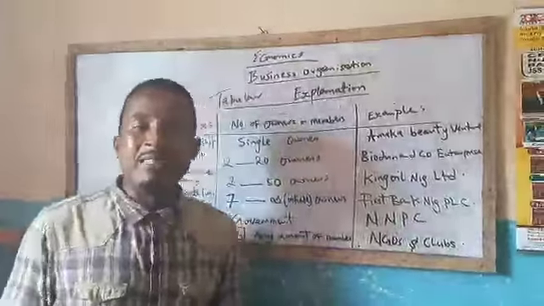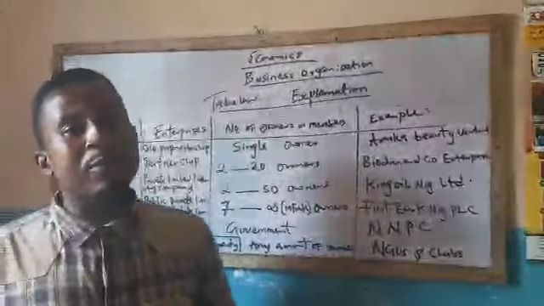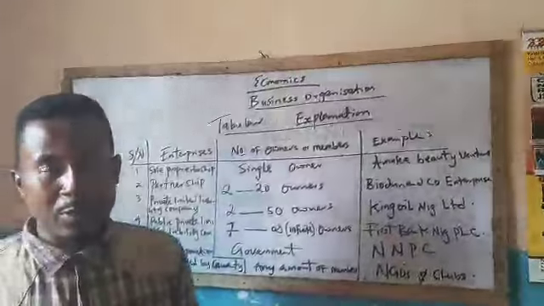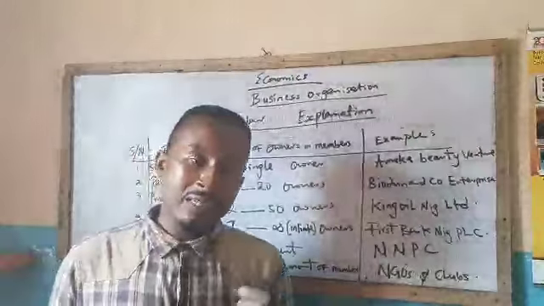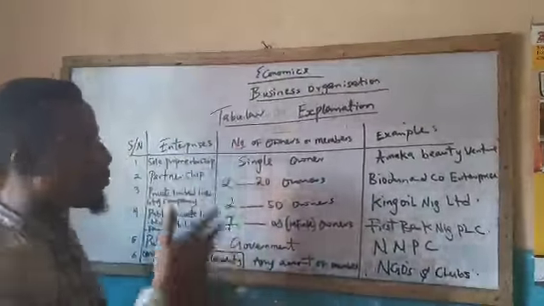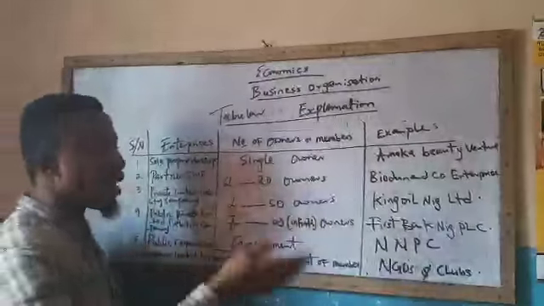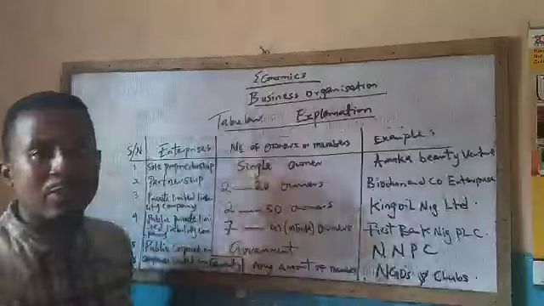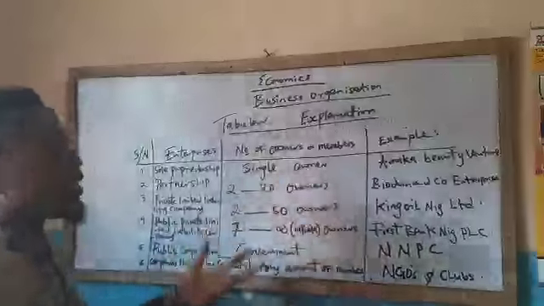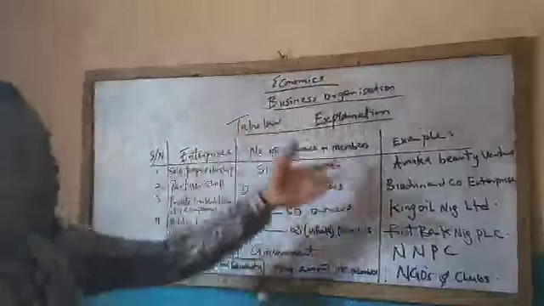The last session we had, I gave you a structural explanation on business organization. Today, I want to give you a tabular explanation that shows the various numbers of members or owners who can run these various enterprises. Now, looking at the board, you see the caption there, tabular explanation.